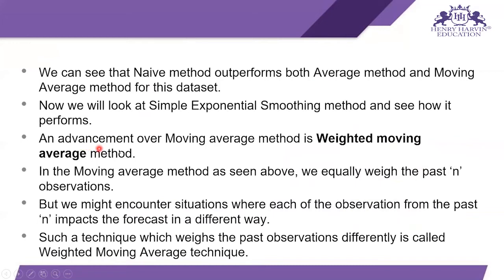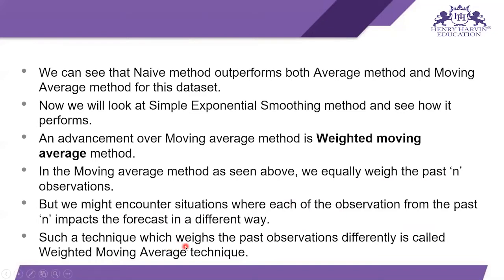An advancement over the moving average method is the weighted moving average method. In the moving average method, as seen above, we equally weight the past observations, but we might encounter situations where each of the past observations impacts the forecast in a different way.